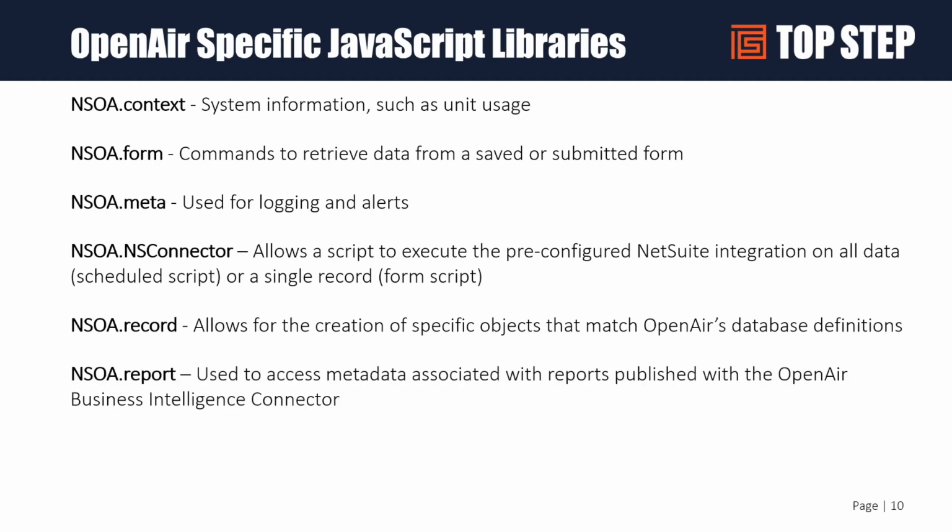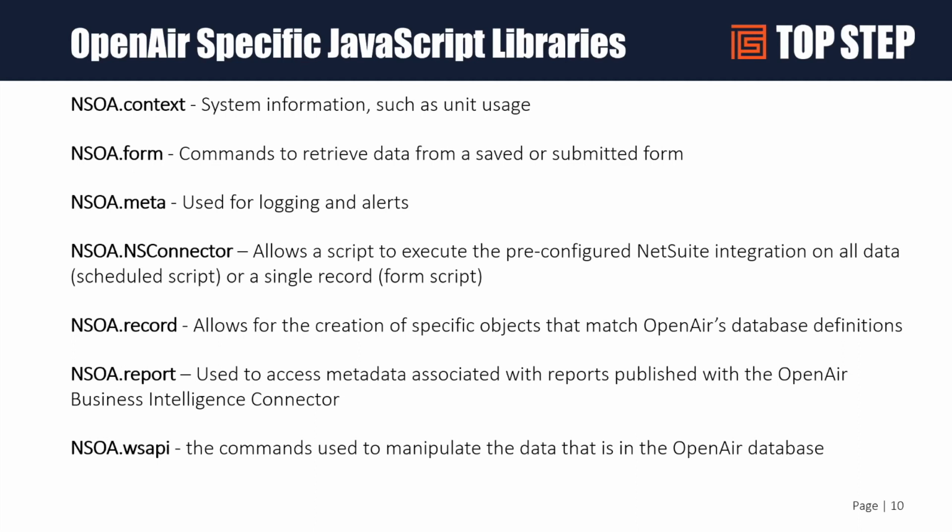NSOA.report. Now, this is used to access the metadata associated with reports published within the OpenAir Business Intelligence connector. So if you have the BI connector tool with your OpenAir instance, you then can use the NSOA.report to access that within your scripts.